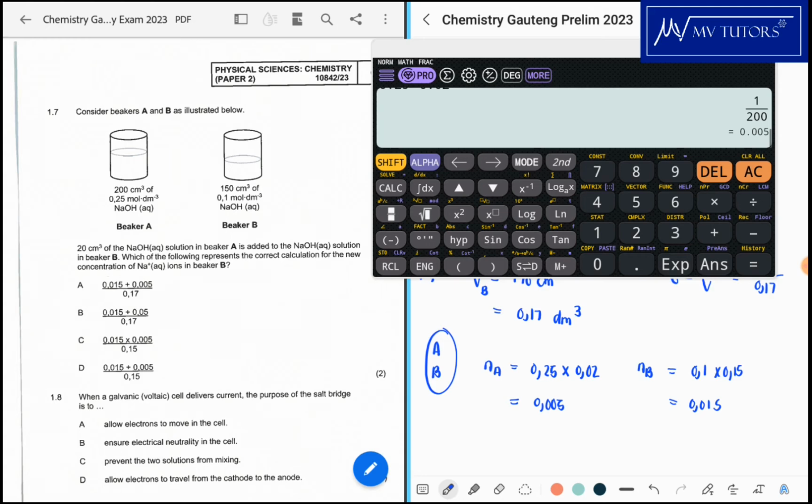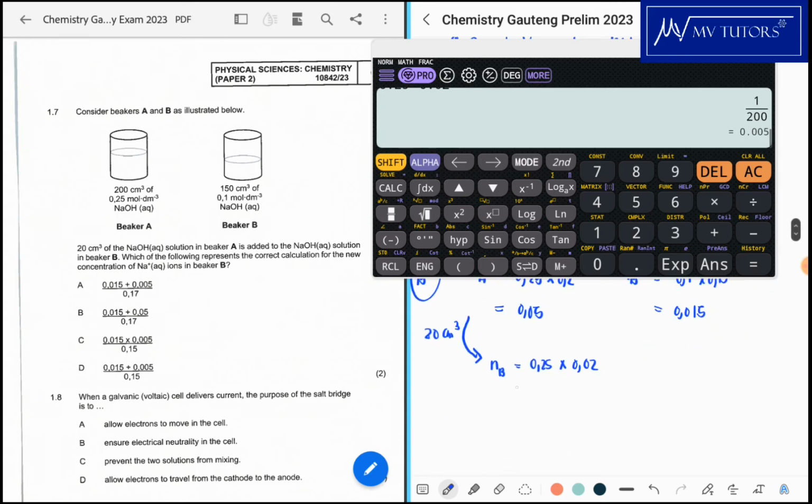Actually, let me do it like this. In beaker A, the number of moles is 0.05, but for the 20 cubic centimeters that were transferred to B, it's 0.25 multiplied by 0.02, and that is 0.005.